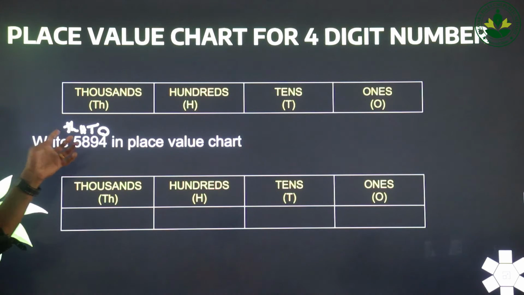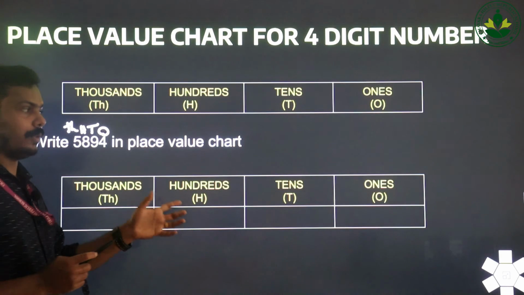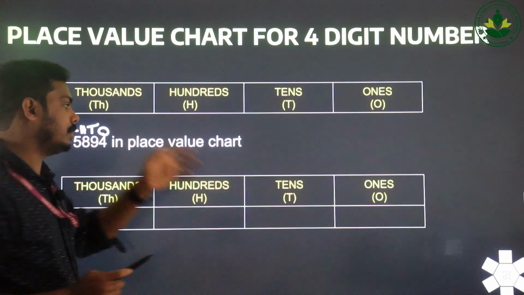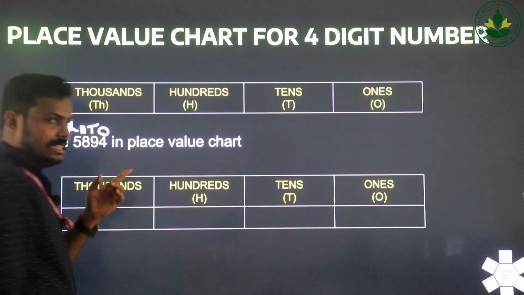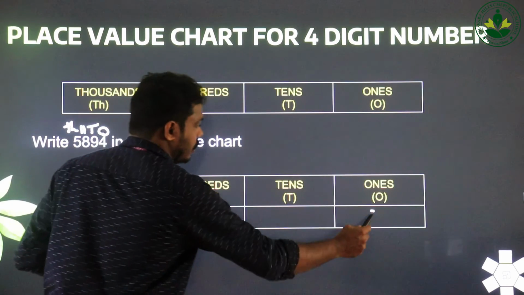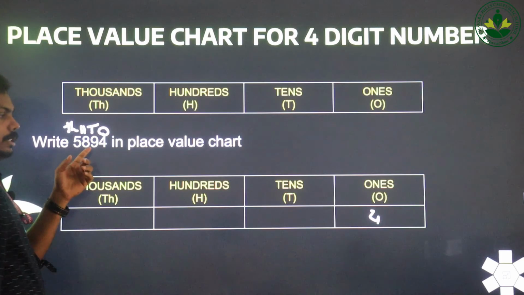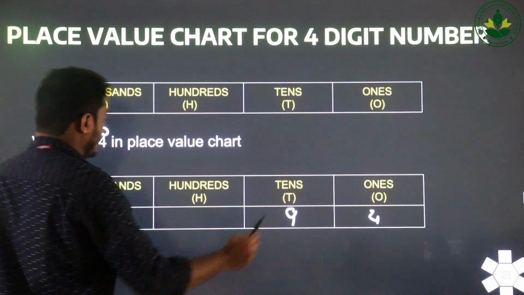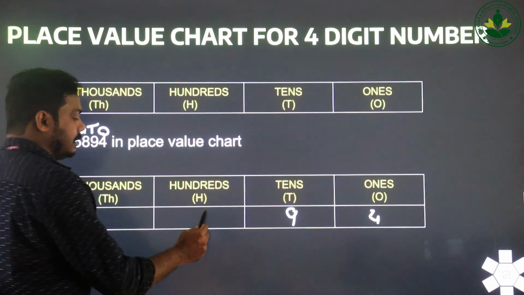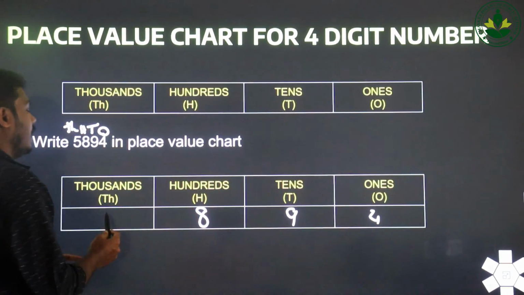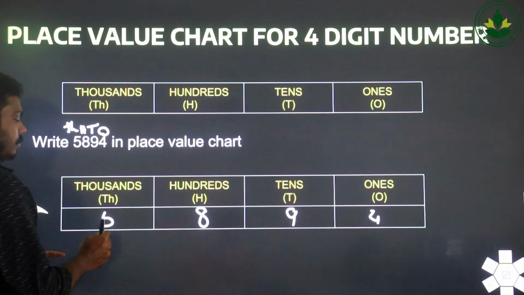So in the place value chart, the ones place digit is 4, the tens place digit is 9, the hundreds place digit is 8, and the thousands place digit is 5.